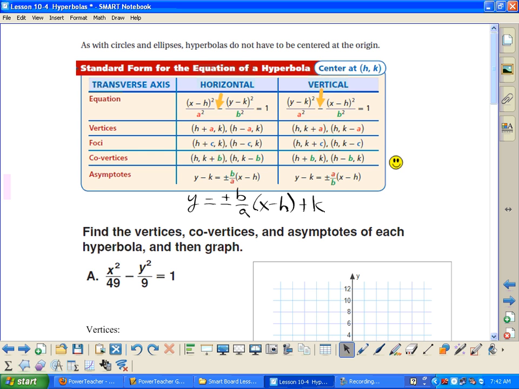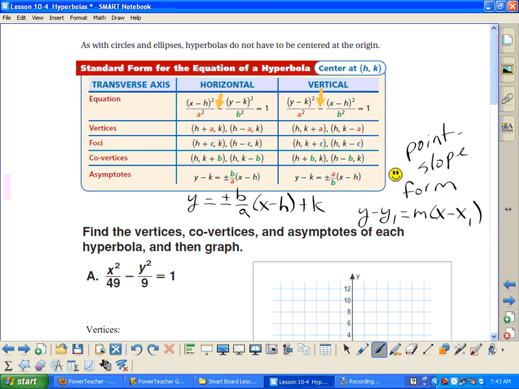The only difference is down here where we have the equation for the asymptotes. Now when we put (h, k) in there, we have the values in our asymptotes also. And if you remember, all this is just the point-slope form of the equation of a line, which said y minus y1 equals m times x minus x1.